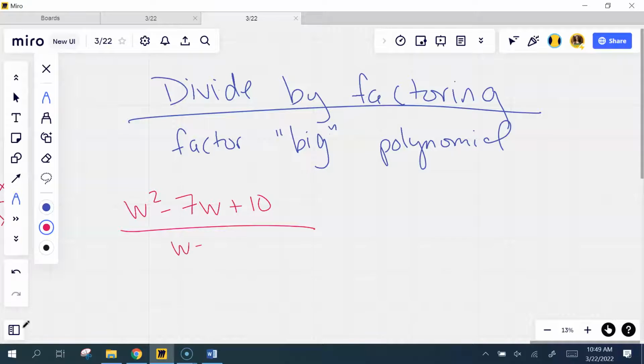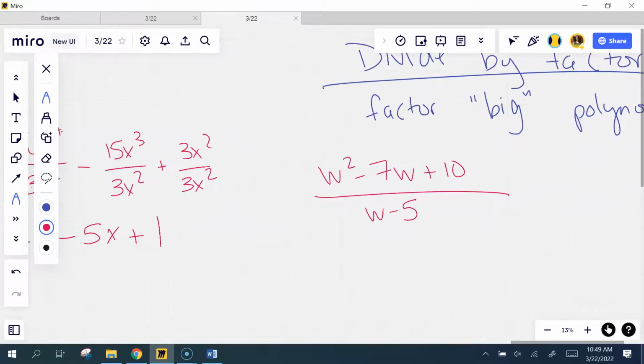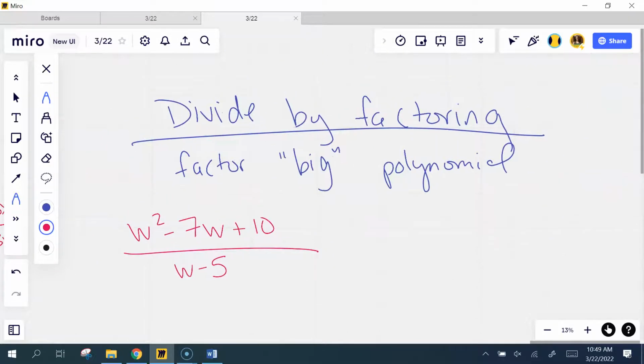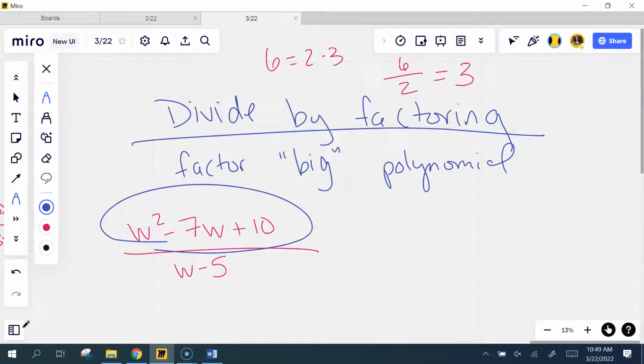Divided by w minus 5. So if I want to divide it by factoring, in other words, I want to tell what this equals. So think back to that 6 equals 2 times 3, which means 6 divided by 2 would give you 3, right? So I need to find the factors of this top polynomial. Well, how does the top factor?